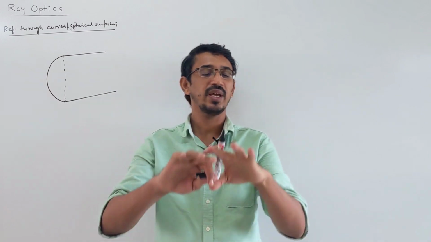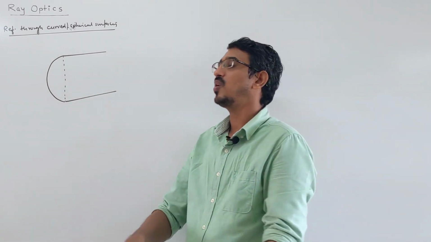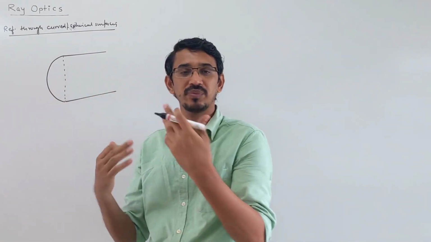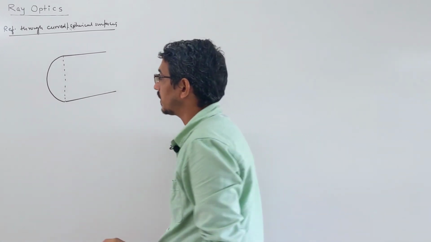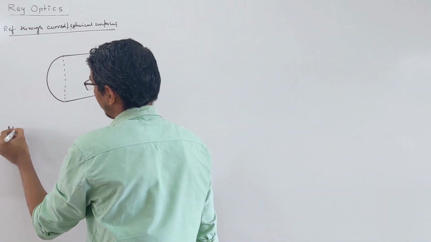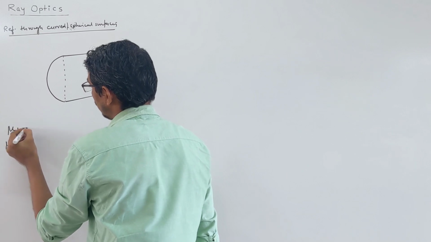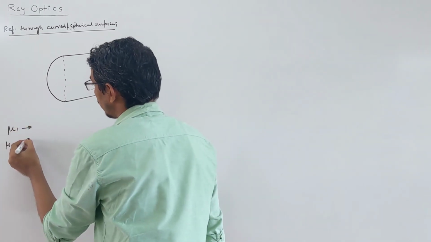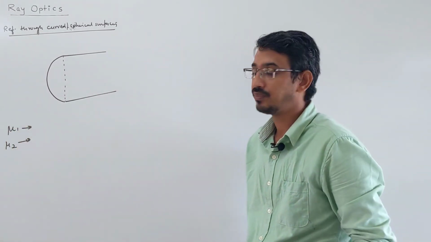One medium is generally air, and the second medium is the material that the surface is made of. So we use two names: one we call refractive index mu1, the other mu2. These things you have to understand carefully, it's very important.